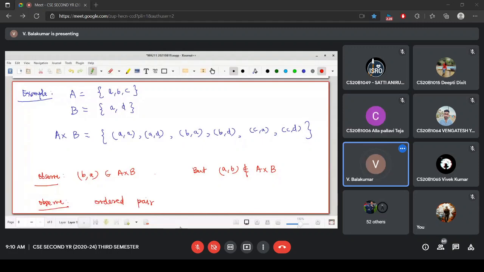Is it okay? Can you try another example? This is somewhat simple. Can you try some other example? I need two sets, then I can write the Cartesian product.